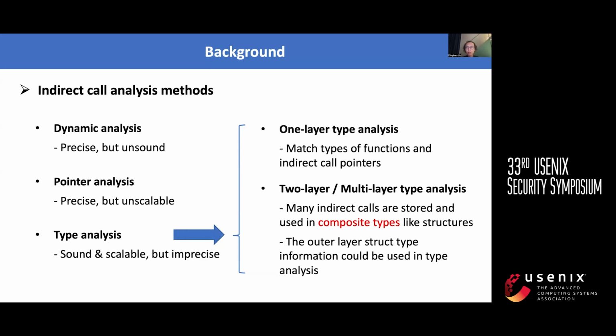However, this method will introduce many false positives. To address this limitation, two-layer or multi-layer type analysis is proposed based on an observation. Many indirect calls are used as a struct field. The struct type information could be used to improve the precision of indirect call analysis.